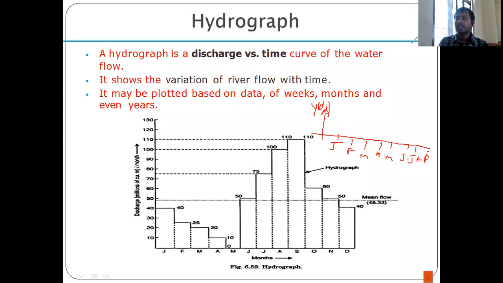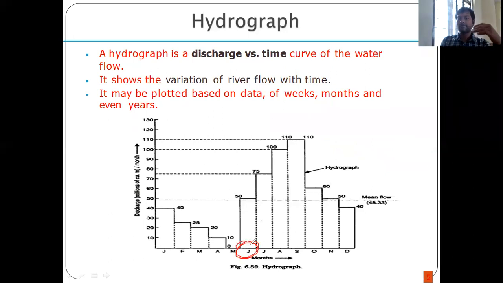Generally, water flow through the rivers will be maximum during the June, July, August, September period. You can see in this graph, look at this one. This is June.